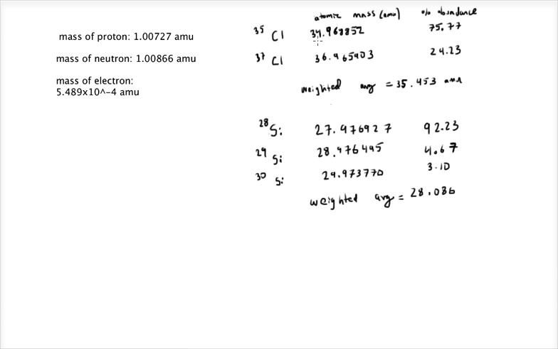So what we've done is we've calculated a weighted average of the masses of the isotopes that make up an element and used that to describe the quote-unquote mass of the element. And so a weighted average, remember, is just an average that counts more for things that are more abundant. And it doesn't even have to be abundant.